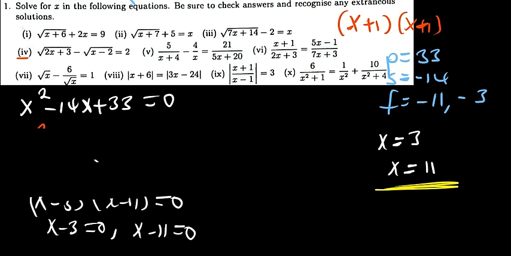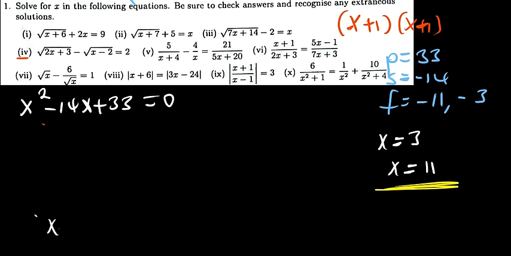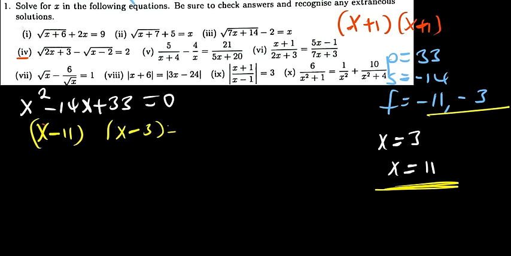When you identify your factors and you realize that x squared has got the coefficient of positive 1, these are your solution. So you just say x minus 11 and x minus 3 is equal to 0, meaning x is equal to 11 and x is equal to 3, like that.